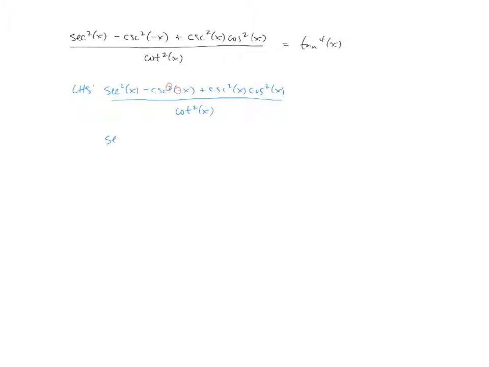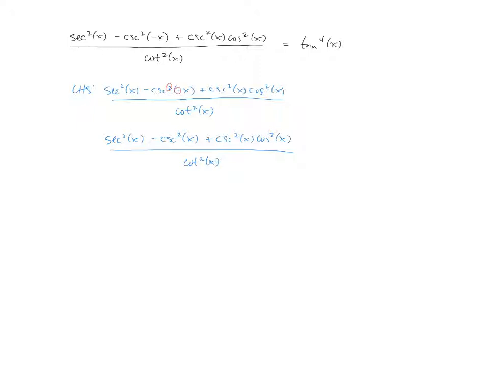So we're going to have a secant squared x, and it's still going to be minus cosecant squared x, and then plus cosecant squared cosine squared all over cotangent squared. So again, look back in your notes at that "you try" when it comes to odd functions but being squared or raised to an even power.